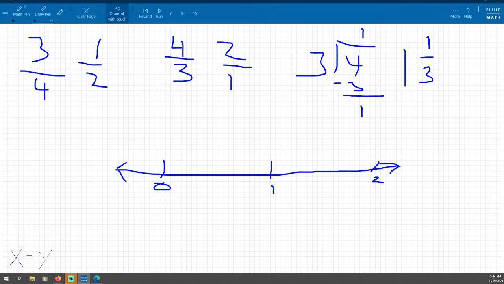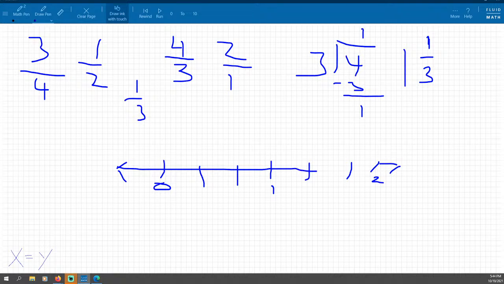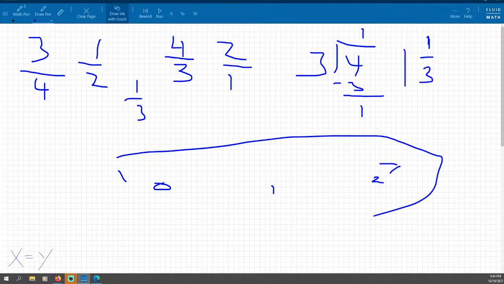Now if you divided it into thirds, these thirds aren't to scale. So if you had 1/3, you would have an area that fills up this space.